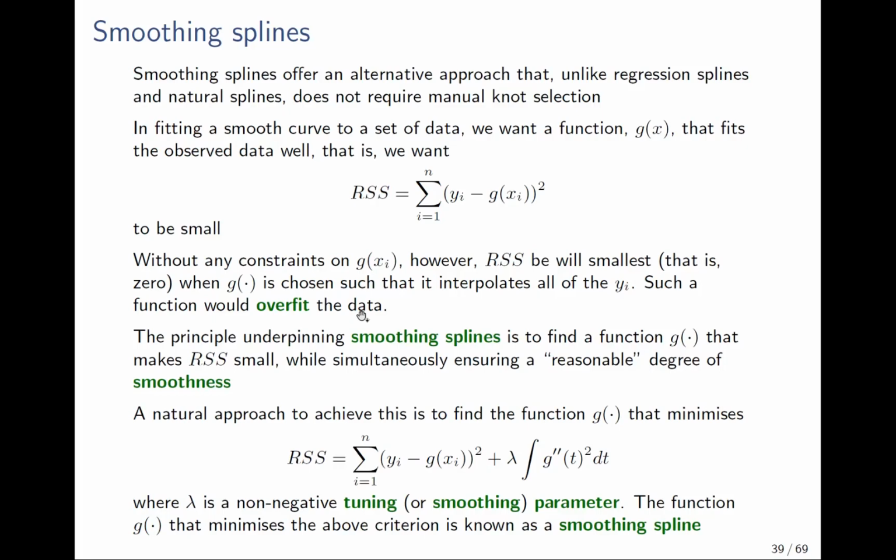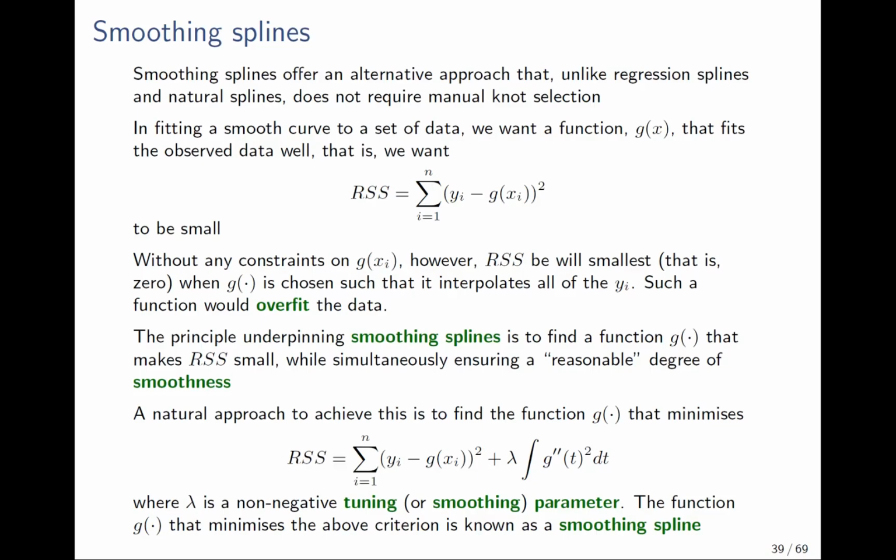In fitting a smooth curve to a set of data, we want a function g(x), this is our smooth function, that fits the observed data well. In other words, we want the residual sum of squares, the difference between the actual value of y and the function of x, squared, to be small.